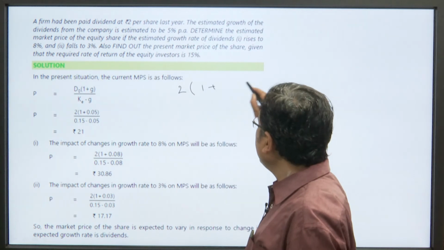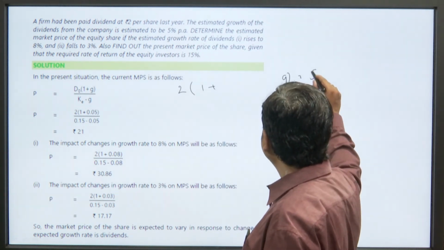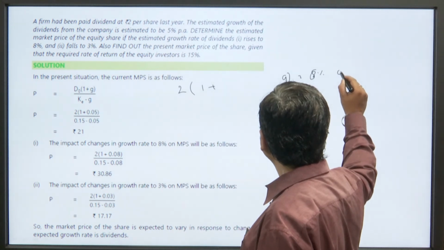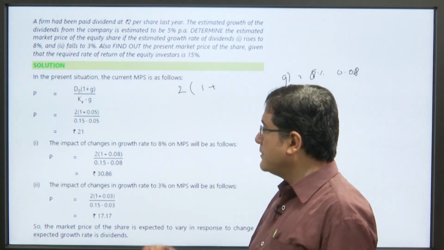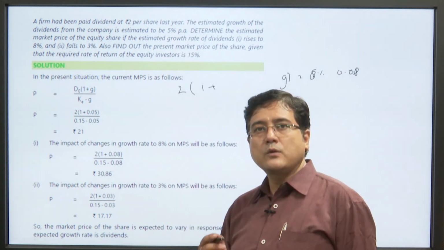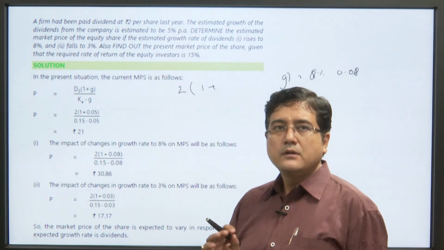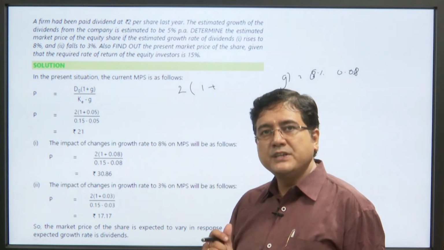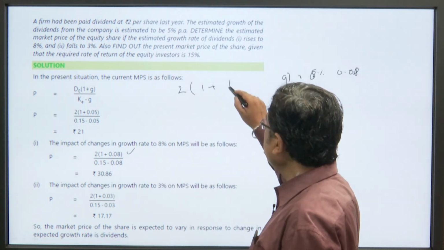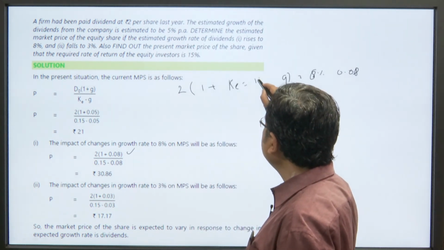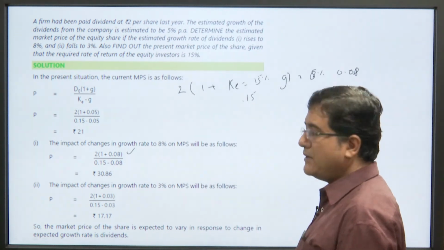In the first stage, g equals 8%, that is 0.08, and Ke is 15%, that is 0.15.